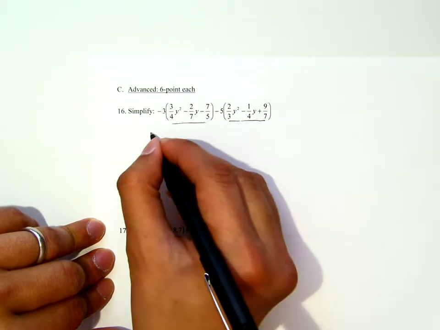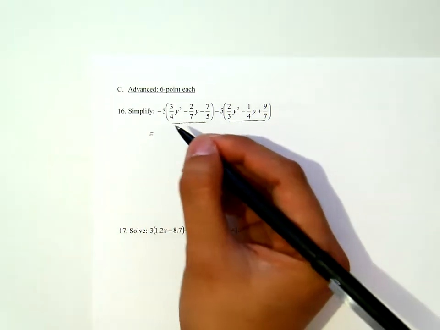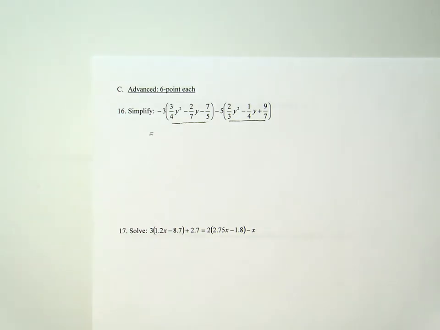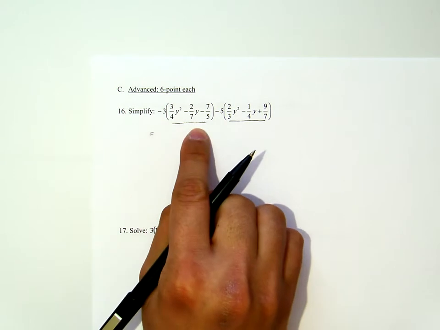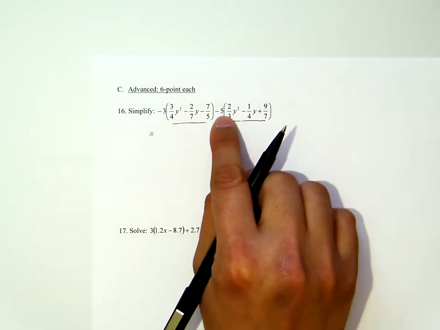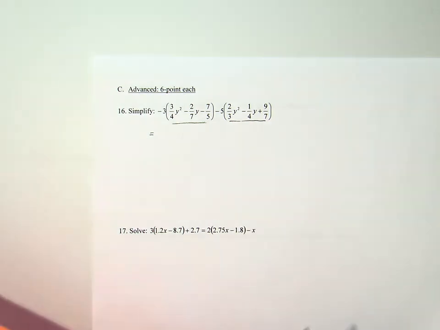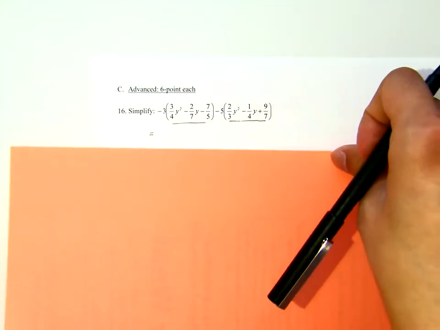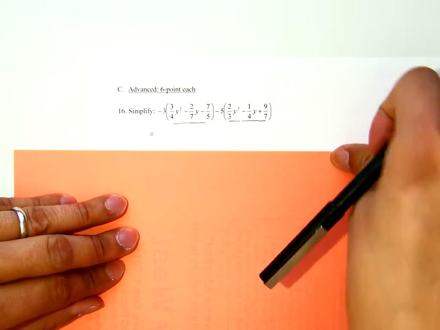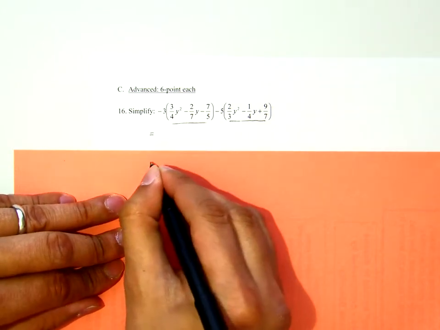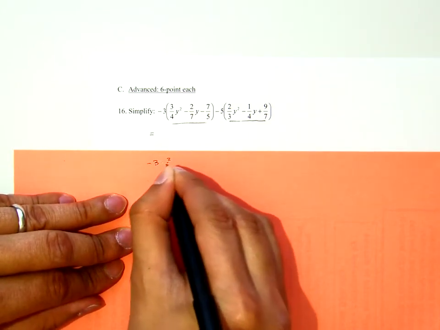Now, what I will do next, I will distribute the -3 to this group and 5 to that group, -5 to that group. Now you may want to use your scratch paper next to you. You see, I will multiply -3 times 3 over 4.